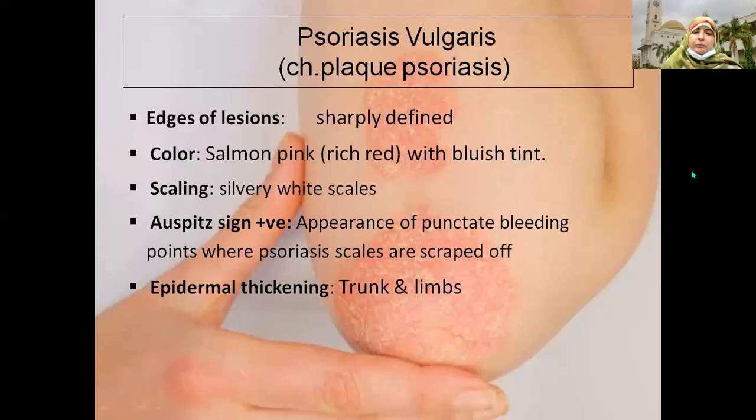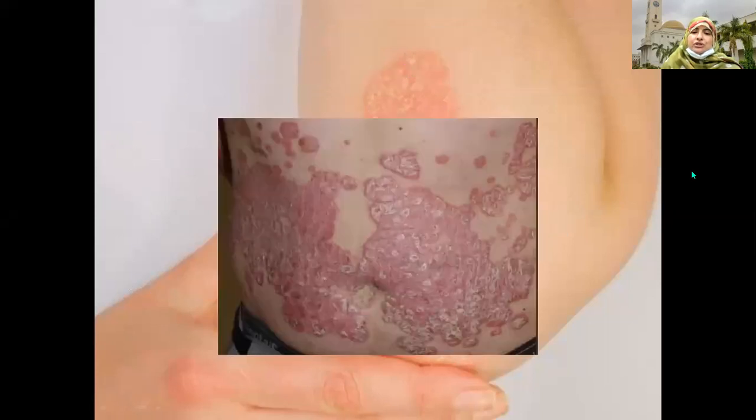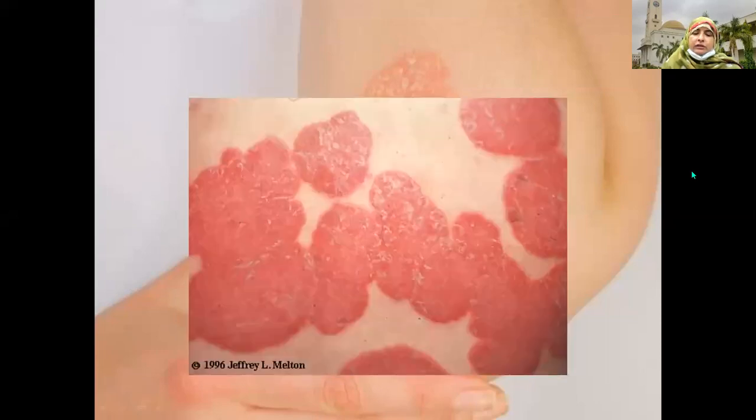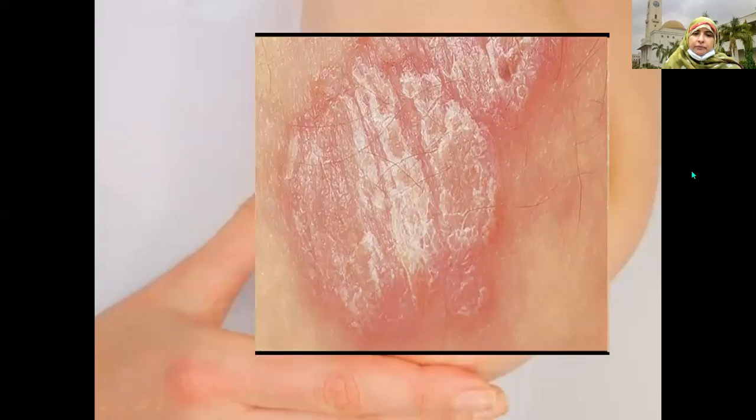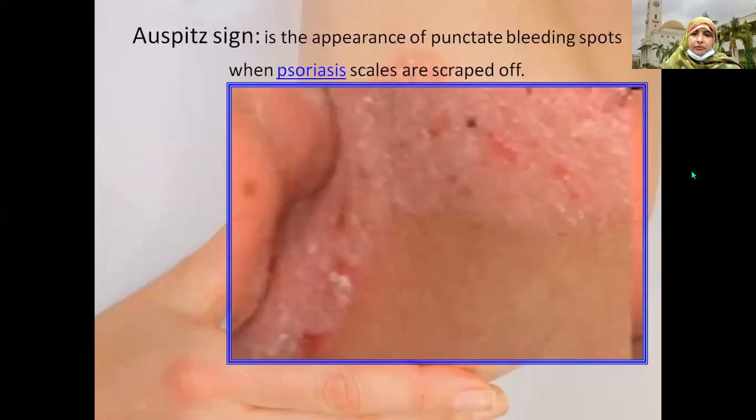Usually these plaques are present on the extensor surfaces of the body, especially on the elbows, the knees, the scalp, and the trunk. Here you can see a typical plaque with silverish white scales on the top.